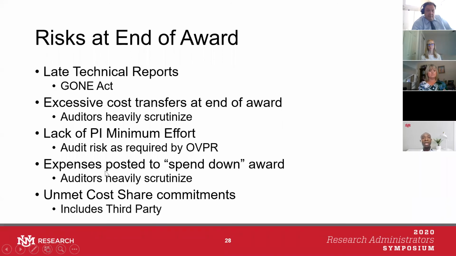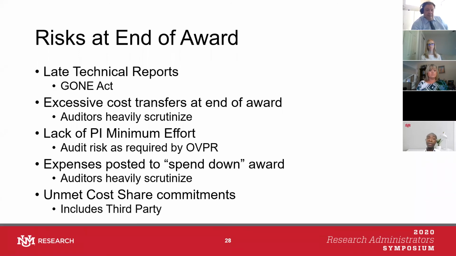So usually there are some risks at the end of the award, and we want to make sure that we avoid them. We want to make sure that technical, progress or performance reports that we talked about are submitted on time.